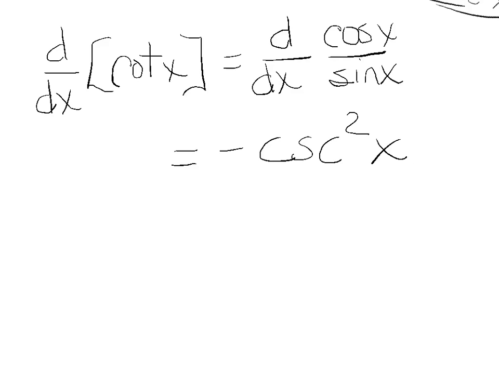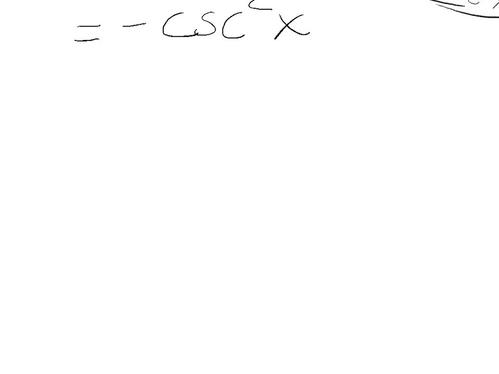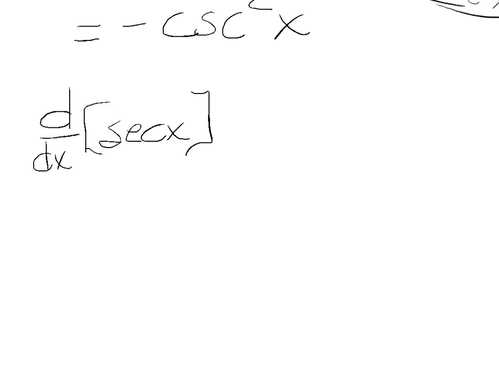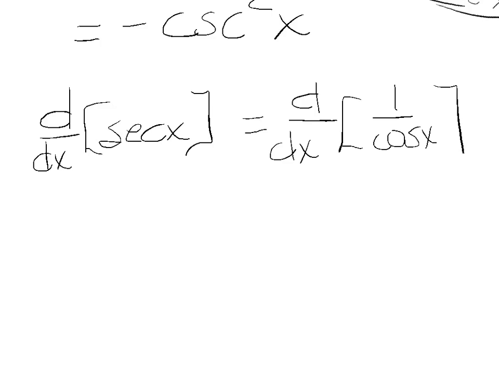All right, let's think about the derivative of the secant. Okay, how can I rewrite the secant in terms of something that I know? 1 over cosine x. So the derivative of the secant is the derivative of 1 over the cosine x. And now we can use the quotient rule.